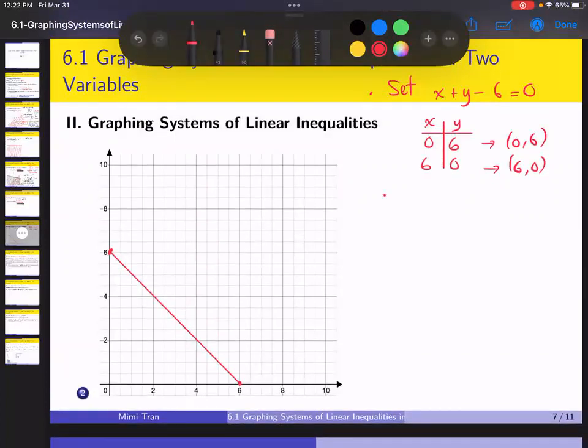Let's finish this one before we go to the other one. So, test point. Again, the line does not go through 0, 0, so I'm allowed to pick 0, 0. Is negative 6 less than or equal to 0?